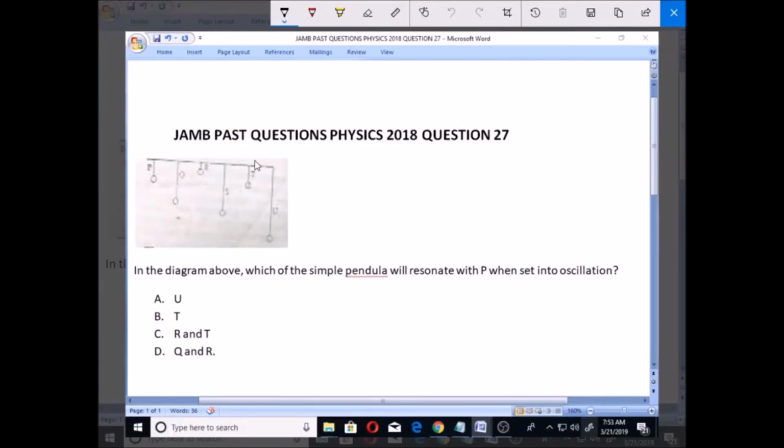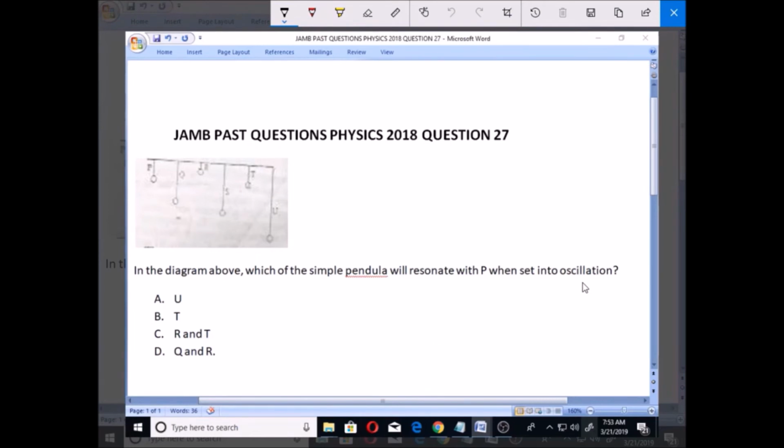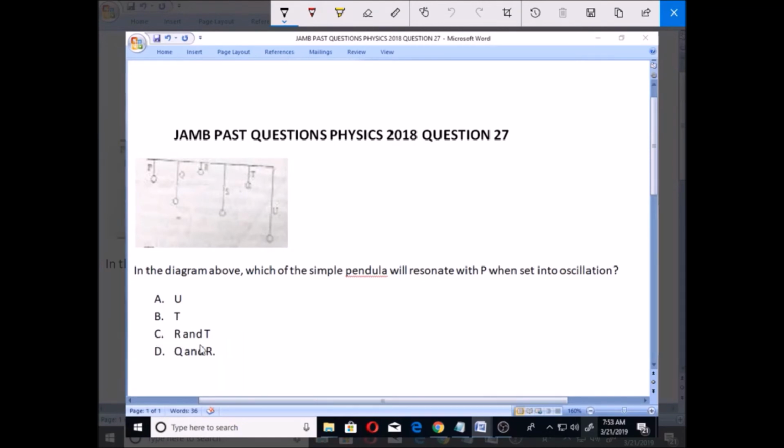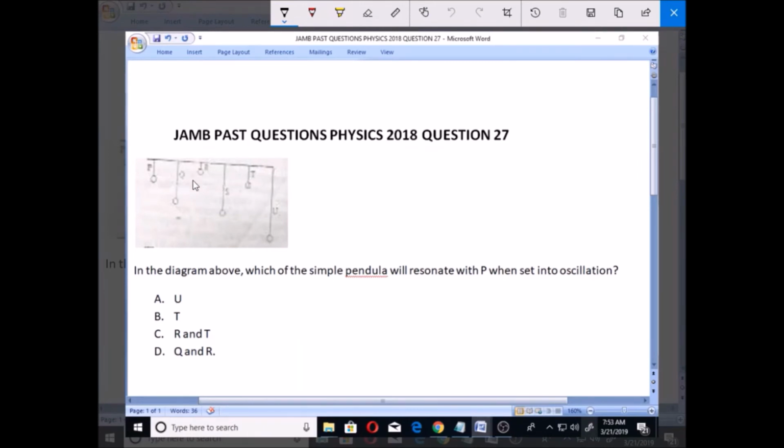Welcome. Let's look at this Jamb past question, Physics 2018, question number 27. In the diagram above, which of the simple pendula will resonate with P when set into oscillation? A. U, B. T, C. R and T, D. Q and R. So this is the diagram showing P. You can see pendulum P and pendulum T having the same length.